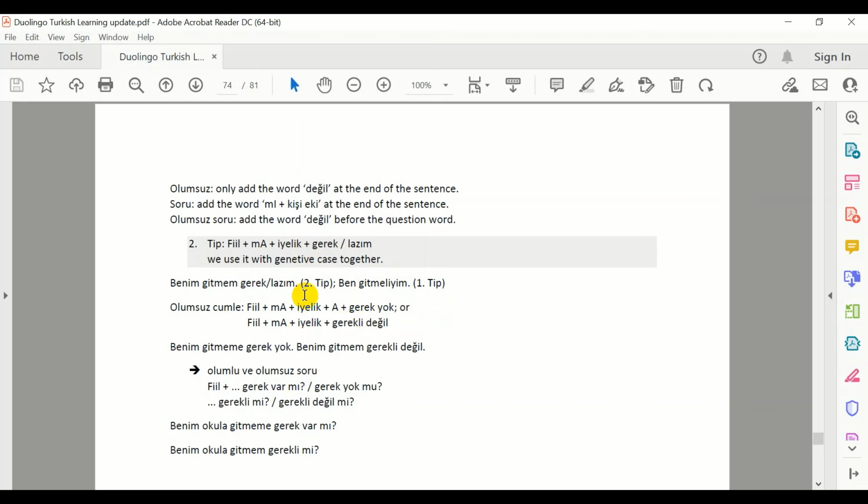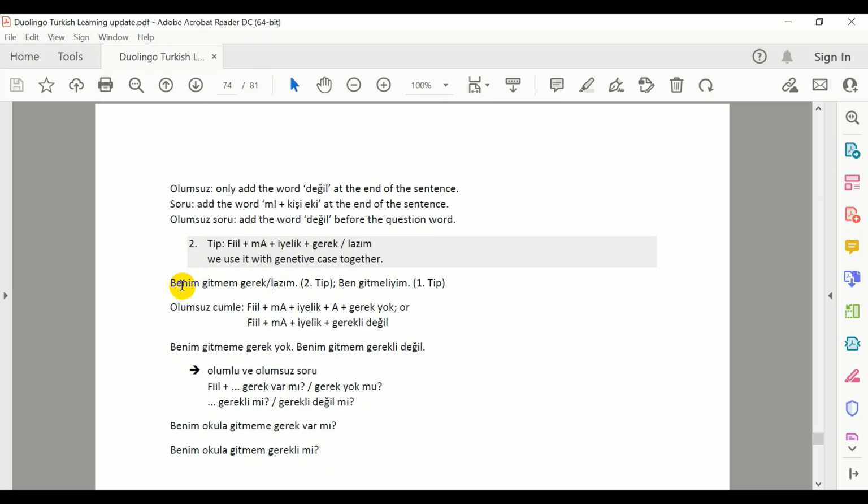I'd like to once again repeat. Well, the positive structure is very easy. Here is one example. Benim gitmem gerek. If you remember the genitive case, benim gitmem, it means after the verb, and instead of using malı or meli, you only use ma or me, and then the personal ending, then the word gerek or lazım.